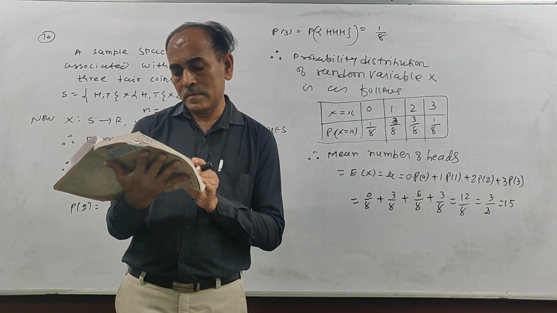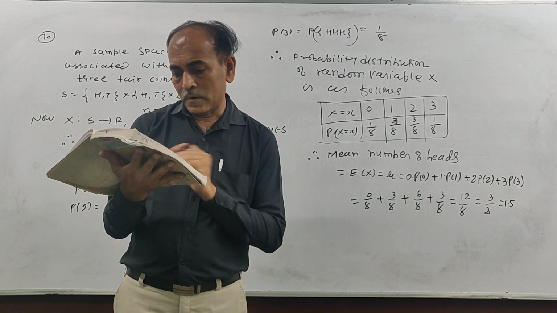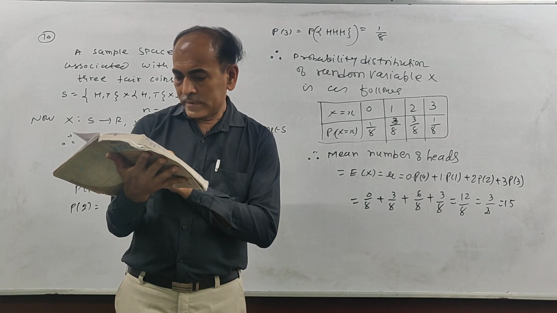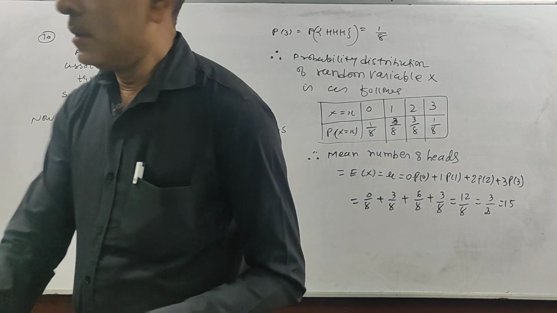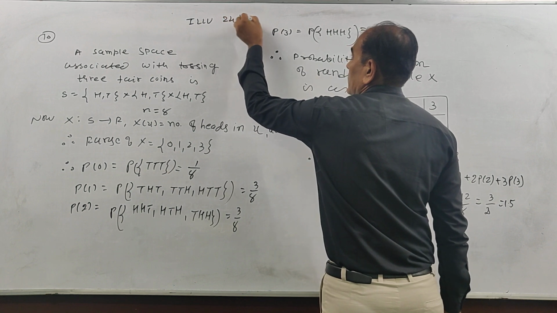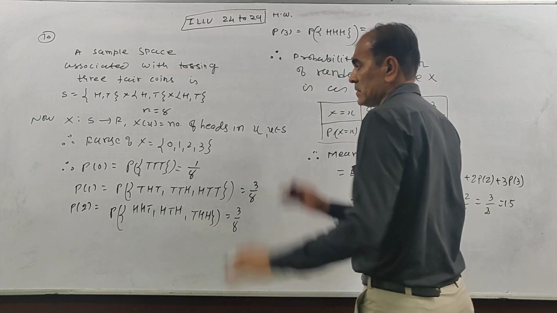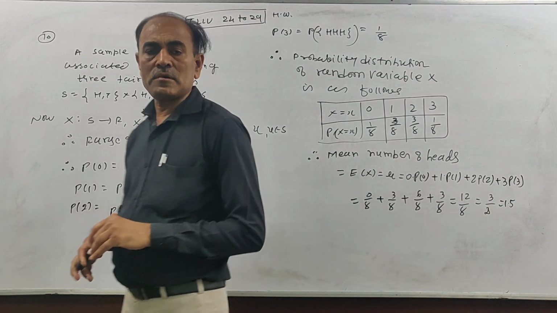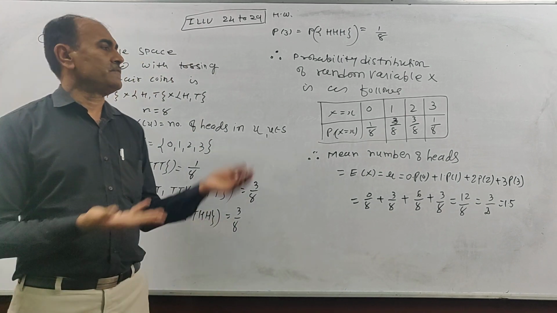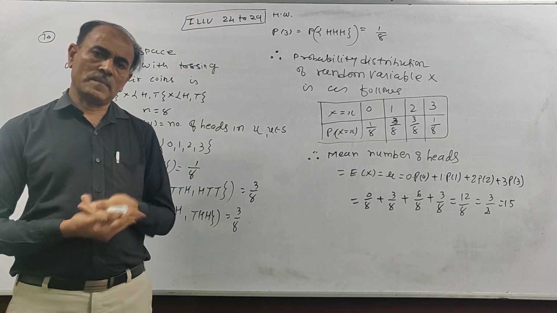Illustration numbers 24 to 29, given on the same page. Find the probability distribution, or the probability distribution is given, find the unknown quantity and find the mean, variance and standard deviation of a given random variable.